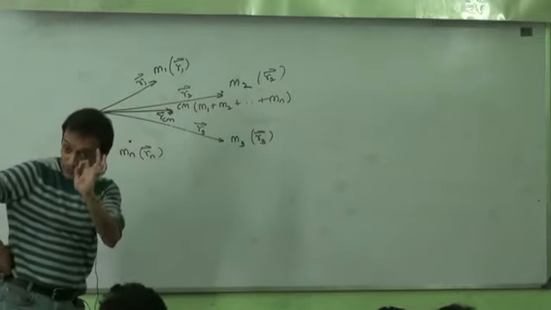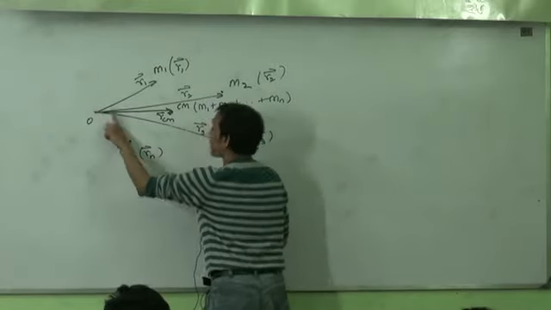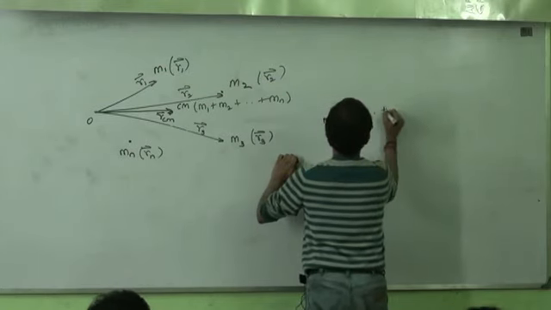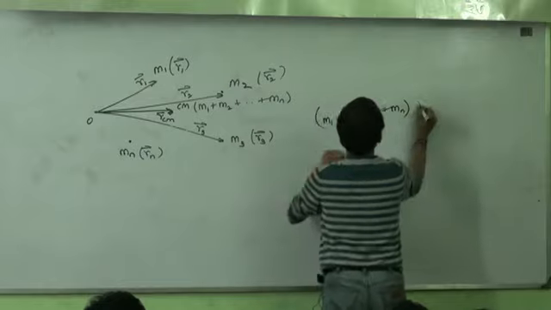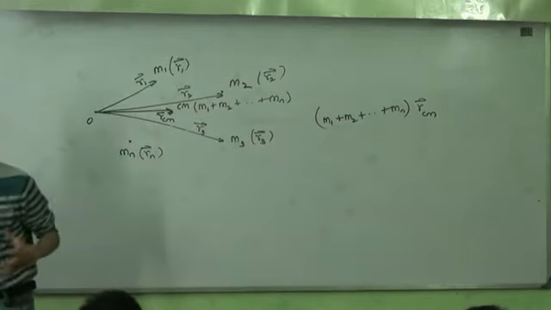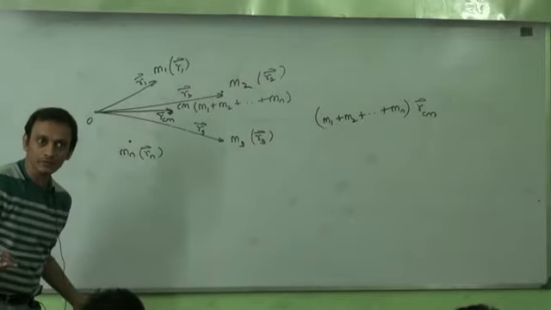Center of mass would be such a point such that the moment of the mass that it produces about O, which is going to be m1 plus m2 plus mn into RCM, that's a moment produced about O. That's the moment produced about O by the notional center of mass particle, right?